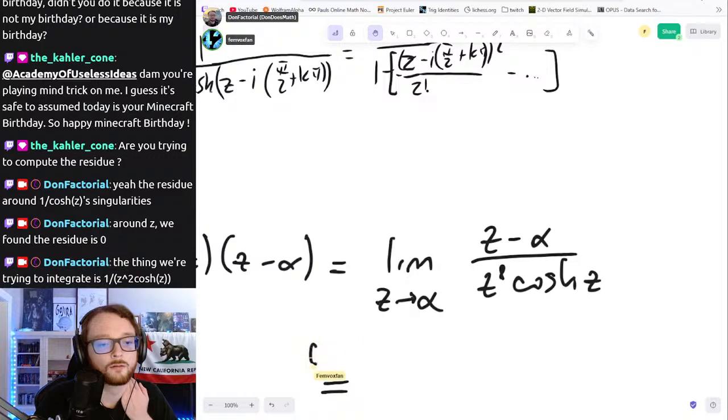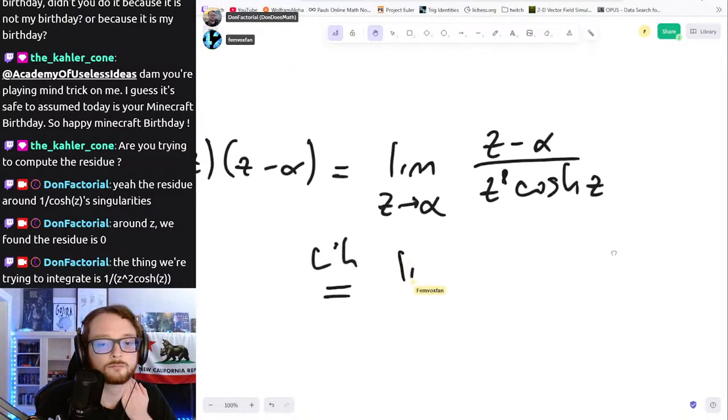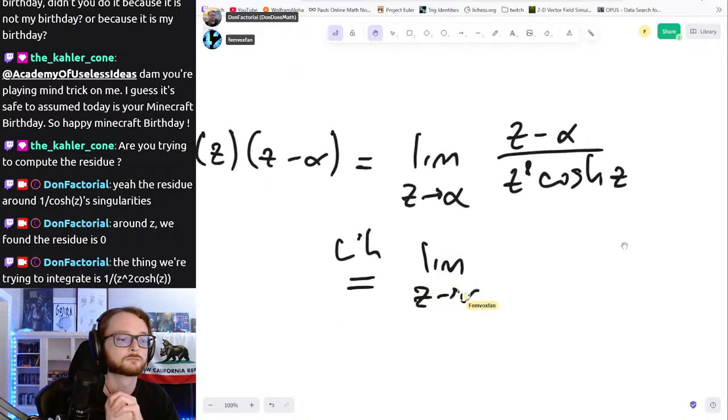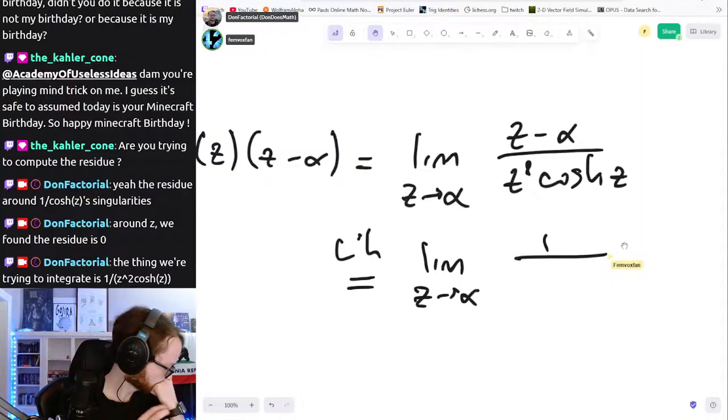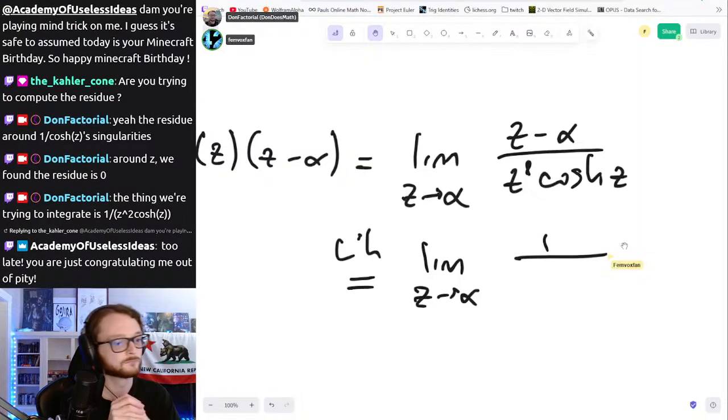Then can I say by L'Hopital's rule, it should be 1 over... Oh, but I need the product rule down here. Because this is not going to help, is it? Because I'm still going to get a cosh. It doesn't work.